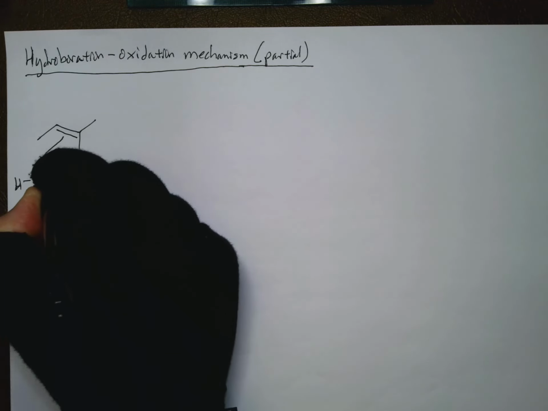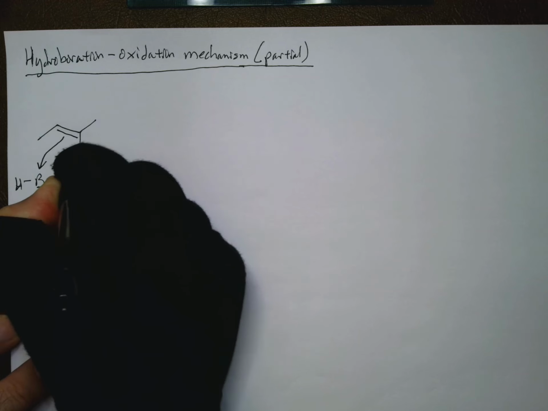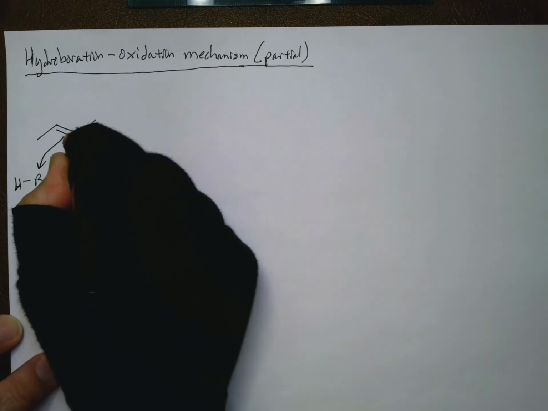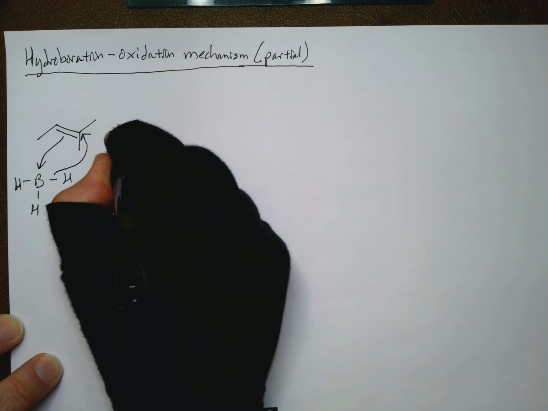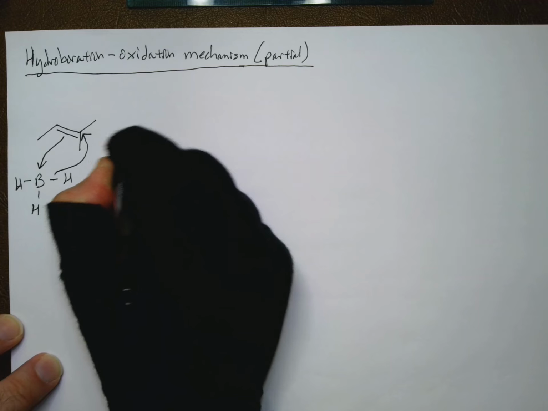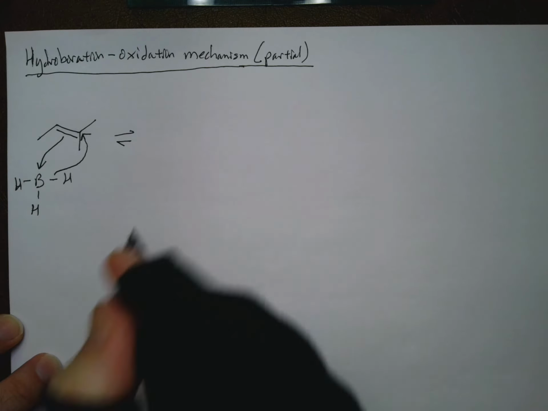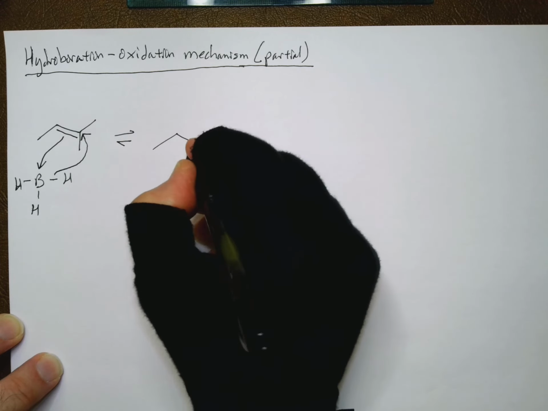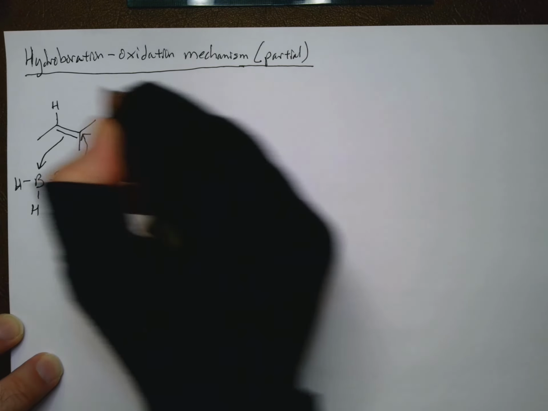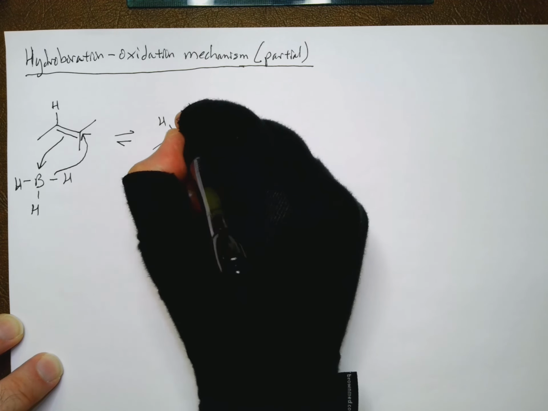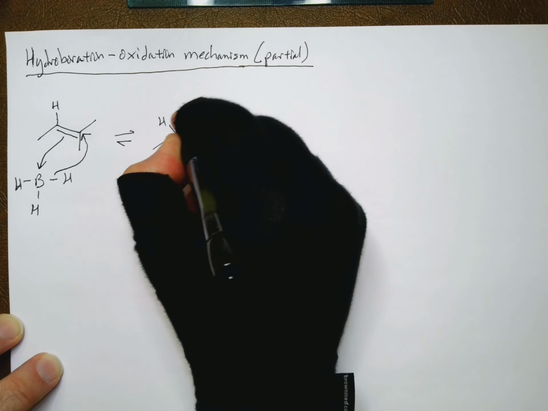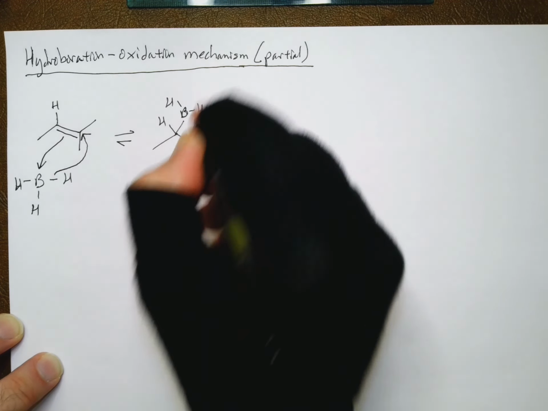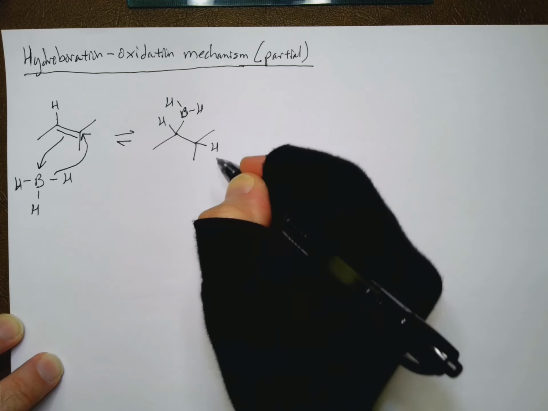And then at about the same time, we will have our hydrogen as a hydride add to the more substituted carbon. So that will end up giving us H, and then B, H, H, and an H there.